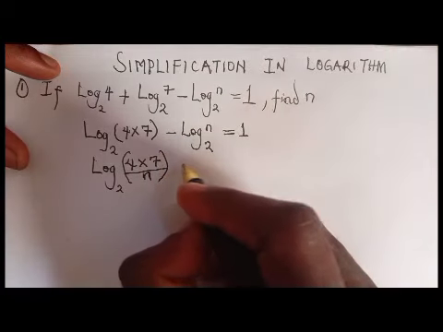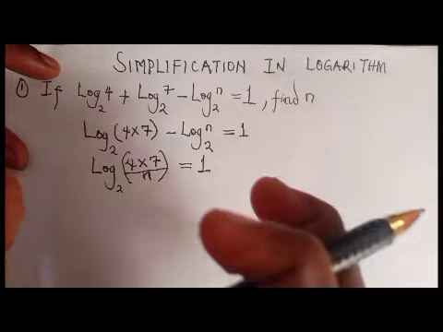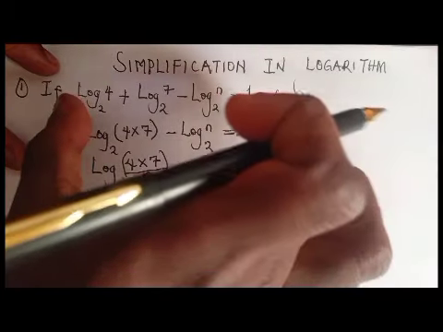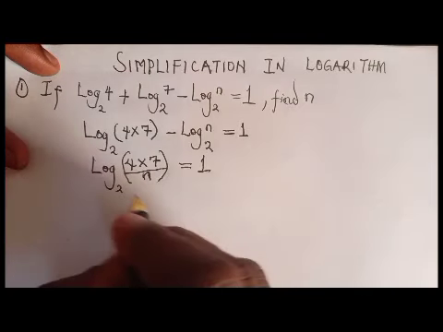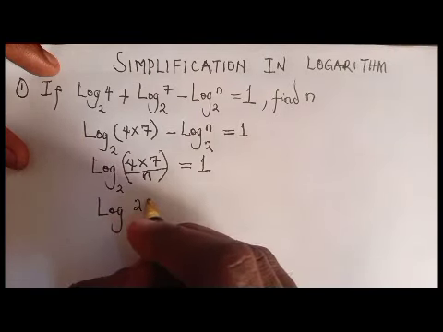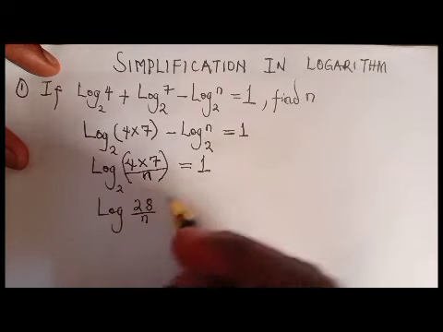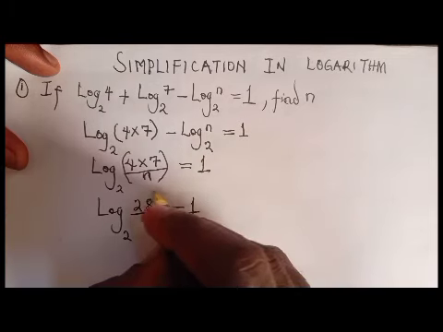So this is basically how we apply the laws of logarithm. You see, what initially appeared as a very complex equation is now simplified. So this at the end of the day is going to give us log 4 times 7 is 28. So we have 28 divided by n in base 2, giving us 1.